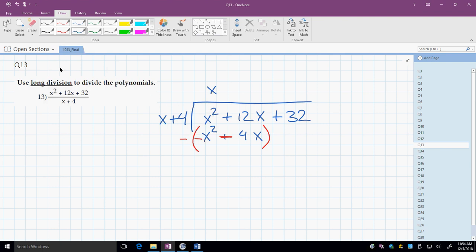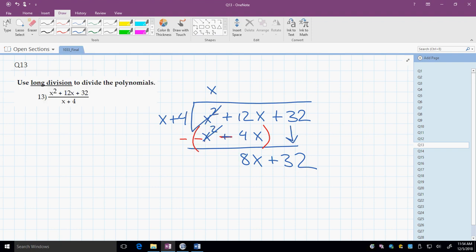The idea is to cancel the first term, and that happens. So we're good. Now we combine these two. It's a negative 4, right? So it's going to give me 8x. And I bring down the next term, which is 32. Now I need to figure out by what I need to multiply the x to cancel 8x.